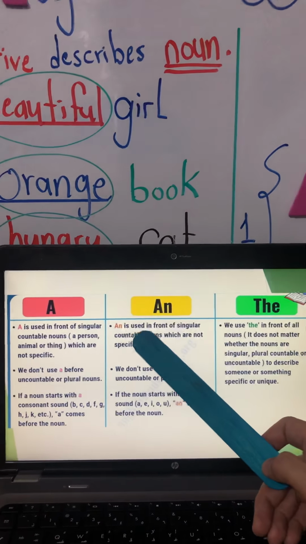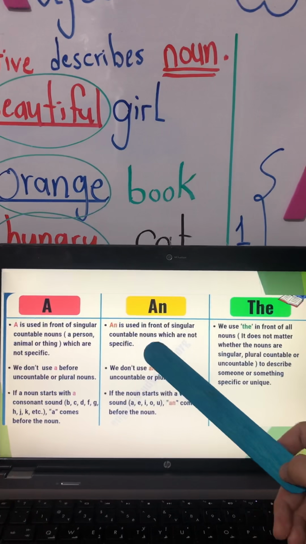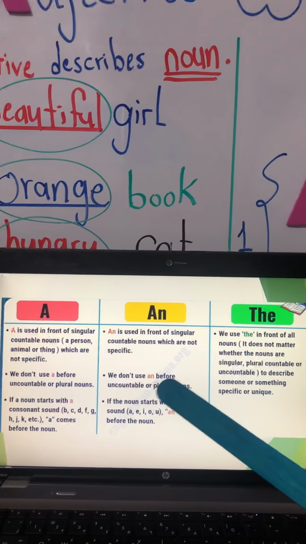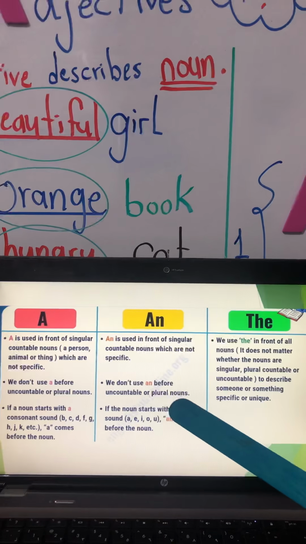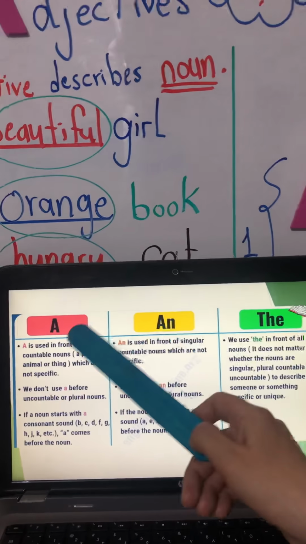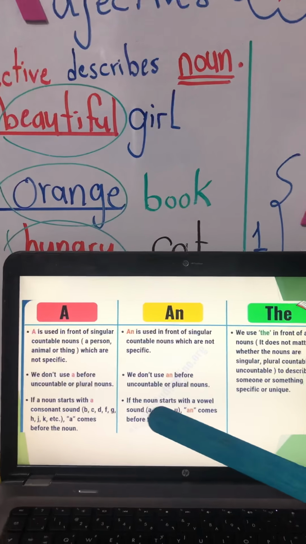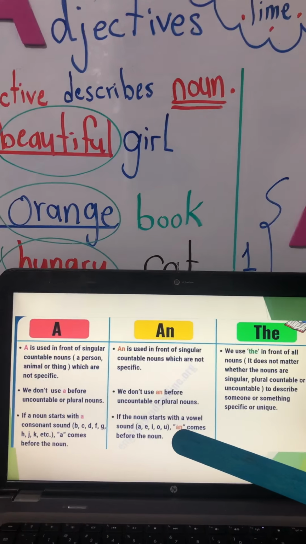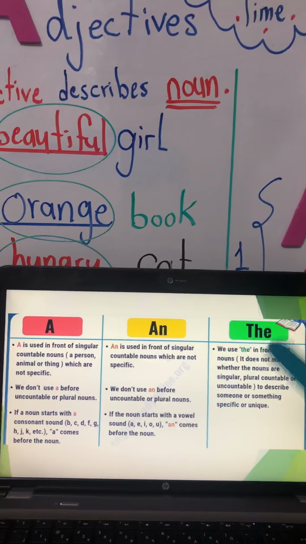An is used in front of singular countable nouns which are not specific. We don't use an before uncountable or plural nouns, for sure, because it is singular. A and an are singular. If the noun starts with a vowel, A, E, I, O, or U, I'm going to use an.